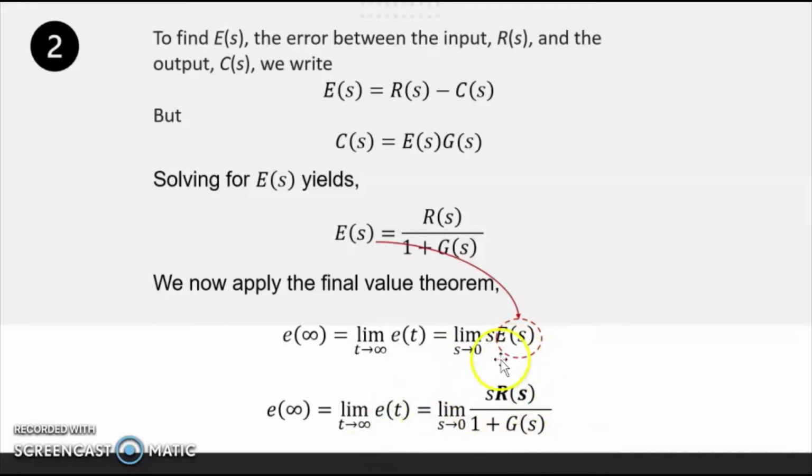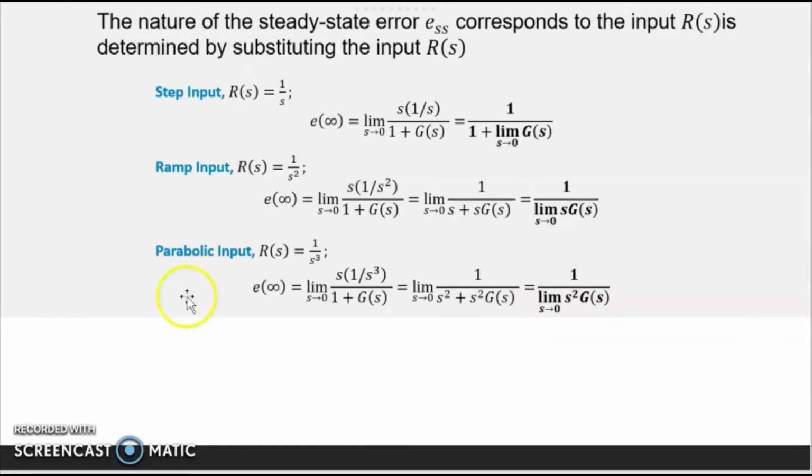This one is what you have to understand. Once you have this equation, remember this R(s) refers to the input. So you will get a different value of error if a different input is considered here.